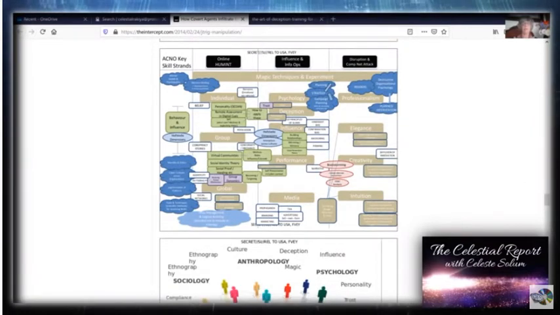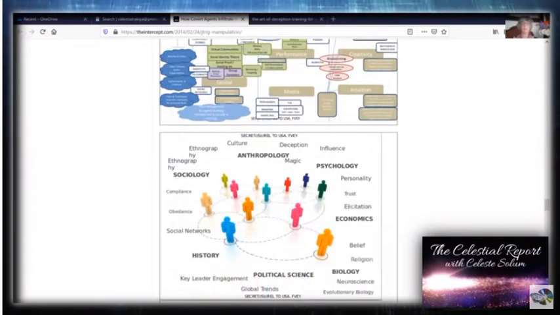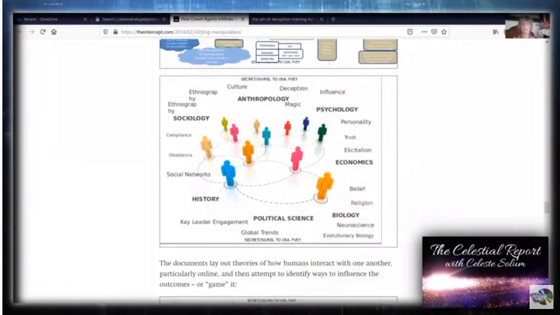Now we're going down here to the different disciplines that are involved in the deception, magic, and influence. And it would be anthropology, they're going to use psychology, they're going to use economics, including our belief systems and our religion. They will be weaponizing that. Biology, neuroscience, what did we just see with Dr. Evil?